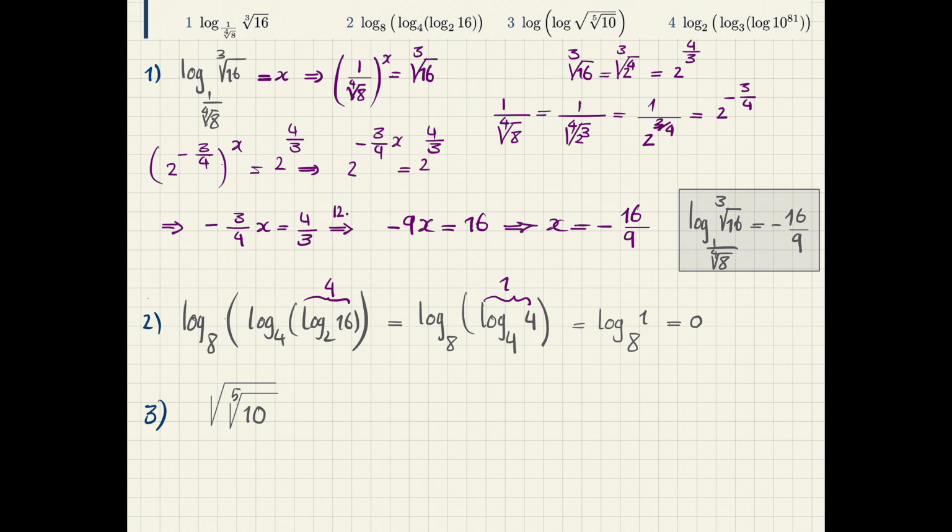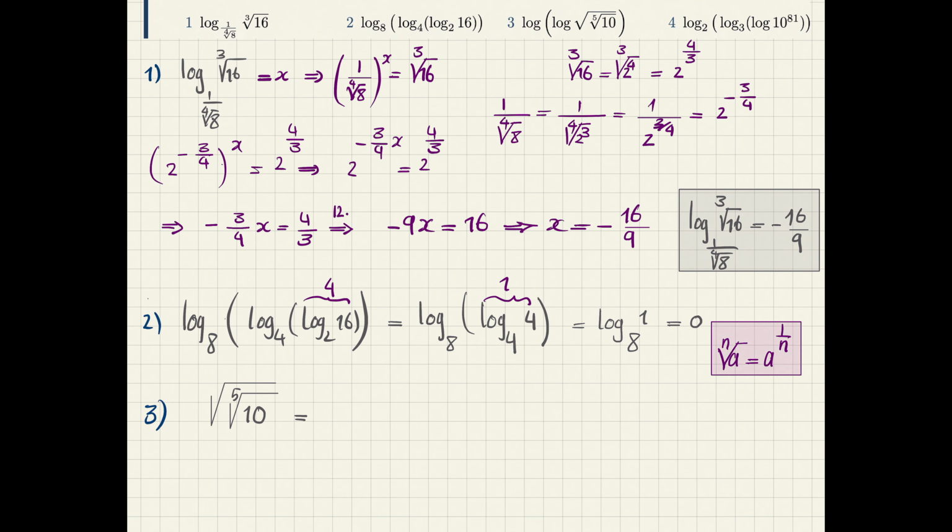So what does this mean? Do you remember I told you, let me write the formula again here in front of your eyes. If I have the nth root of a, you can write it as a to the power of 1 over n. I want to use this formula 2 times.